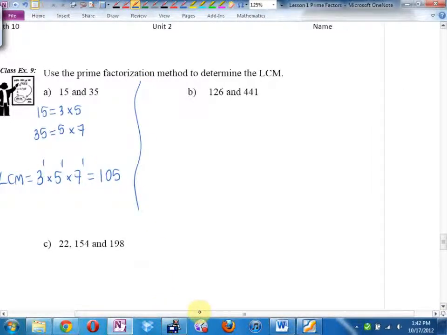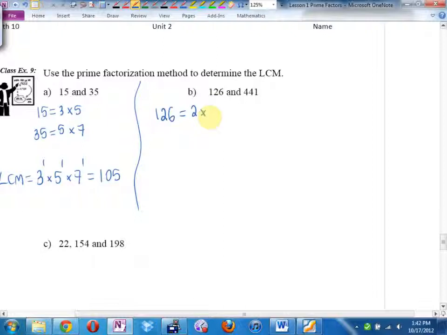Let's try B, 126 and 441. Okay. Get your calculators out. We'll see if we can do this. Or you can do this without a calculator, factor tree, but what's a prime number that goes into 126? 2 times what?